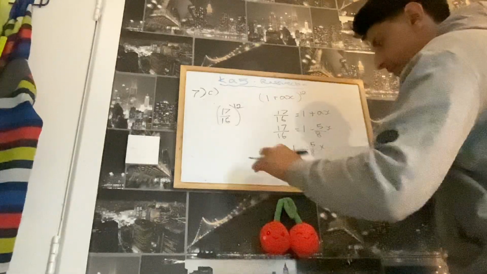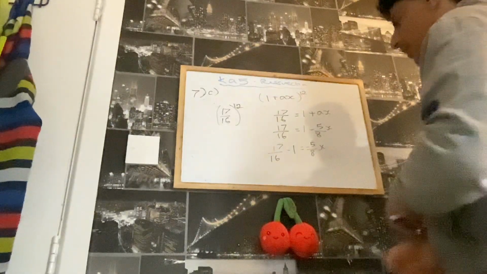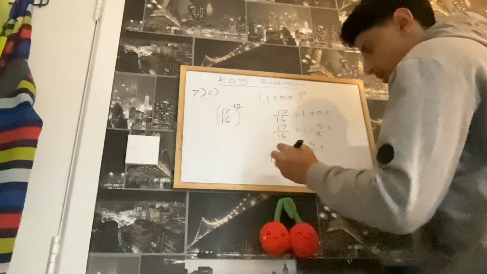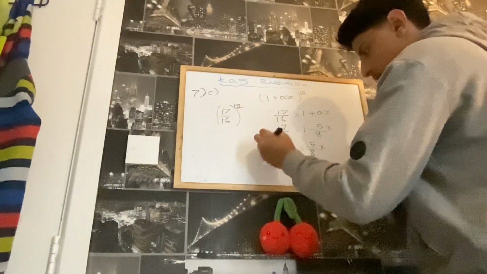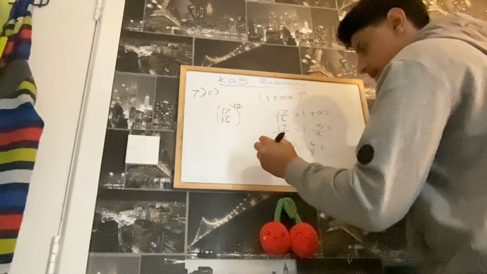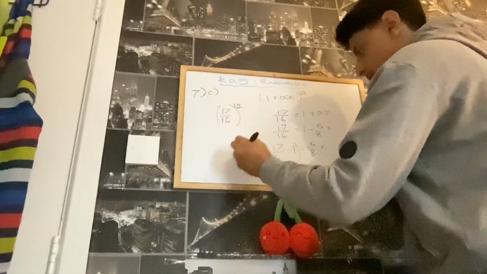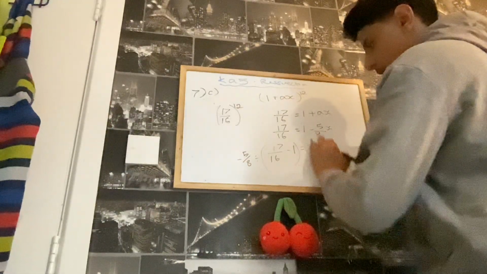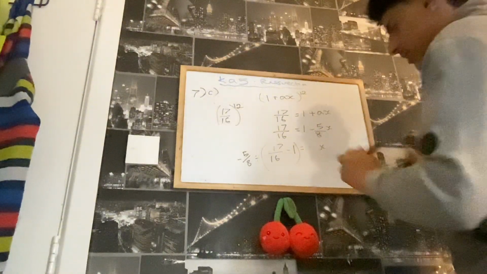Then we divide everything by minus 5 over 8, and this is what we would get.